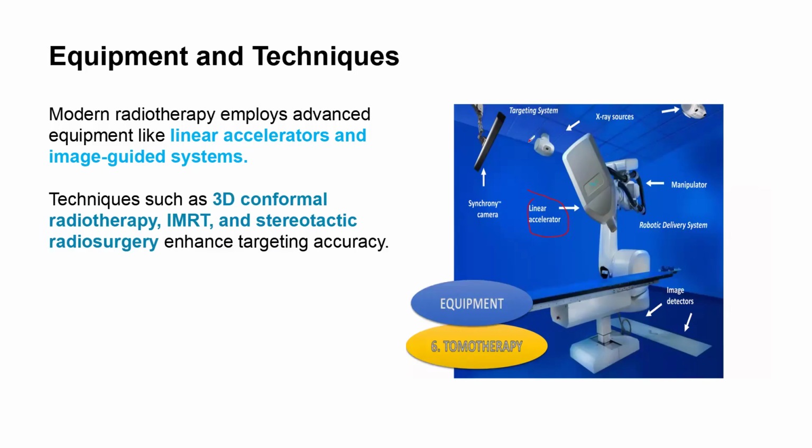So see, this is where we have the linear accelerator, as you can see from here, and then you need a targeting system because you need to be guided so that at least you'll be able to directly expose the tumor cells to the radiation. So it is very important. And that is why you even have an image-guided system, especially in the case of internal radiotherapy.